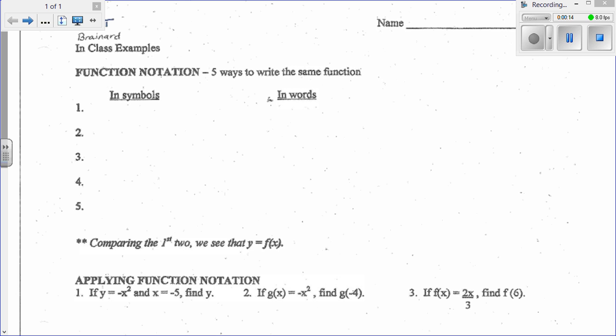Today we are going to talk about function notation. So we see things in symbols and we need to know what they mean in words. If I have y equals x plus 5 written like that, in words it actually is y equals x plus 5.